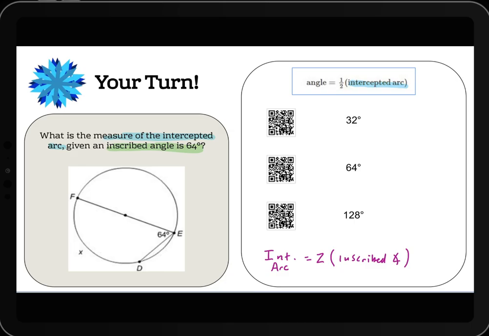If we call the arc x, and they gave us an inscribed angle of 64 degrees, then we should say 128 degrees for our intercepted arc. So the intercepted arc measure is 128 degrees, which is double the inscribed angle. So 128 degrees should be the answer you selected.